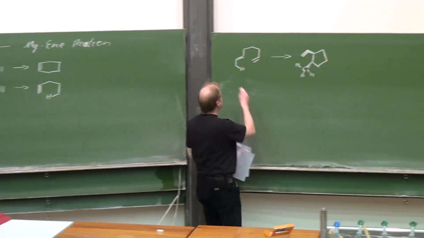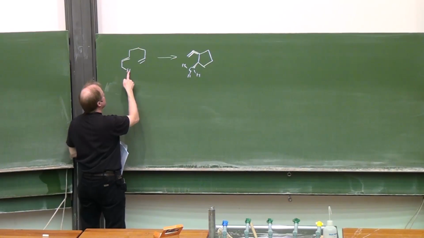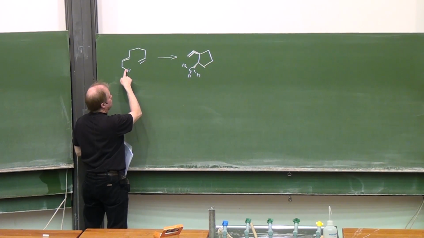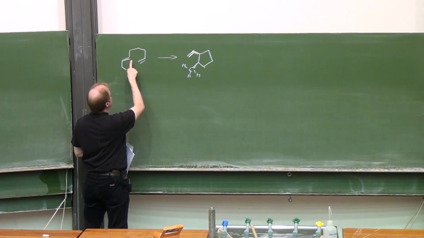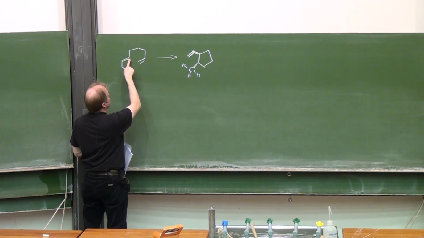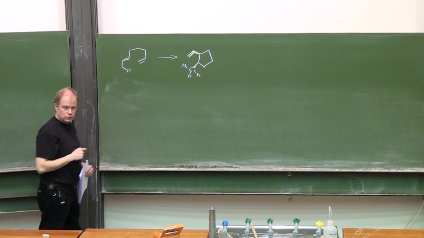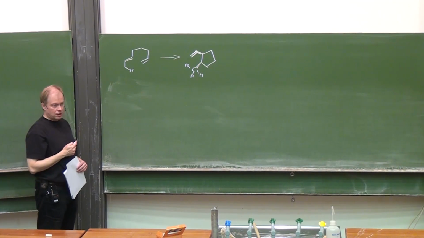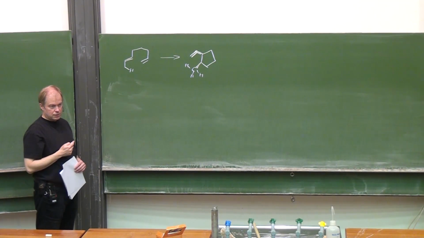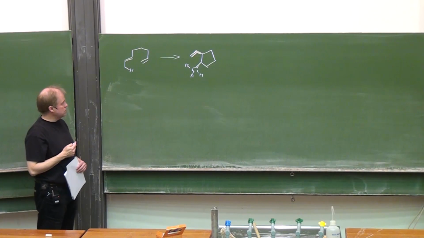It's the same in this case. This hydrogen is transferred to this position. The CC bond is formed between this and that position, and here the double bond is formed. So this is a nice example of the Ene reaction.